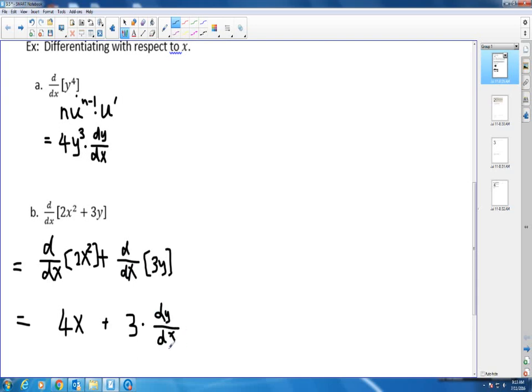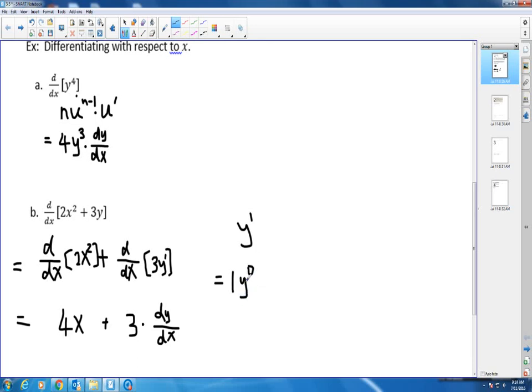Because I'm taking the derivative of y with respect to x. So normally y is y to the first power. So if I'm using the chain rule, the derivative of the outside means bring the exponent down, and of the inside, still y, but my exponent now becomes 0.